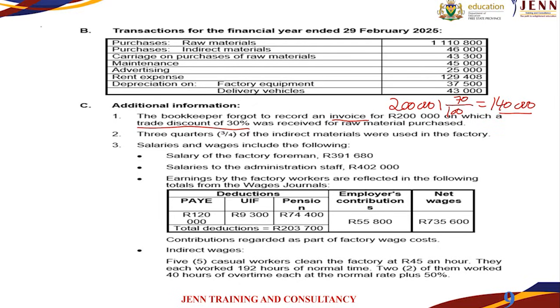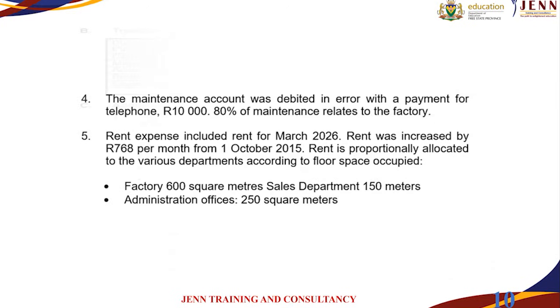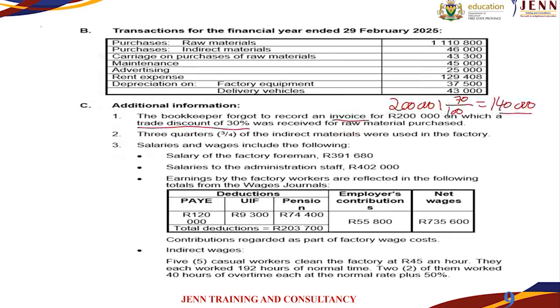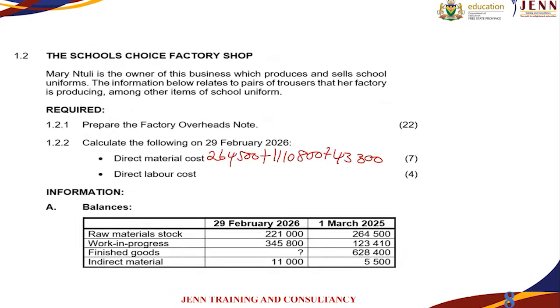It simply means the 60,000 out of 200,000 will be a discount. So therefore, we are only going to add 140,000. Why? Because we only spent 140,000, not 200,000, due to the discount.